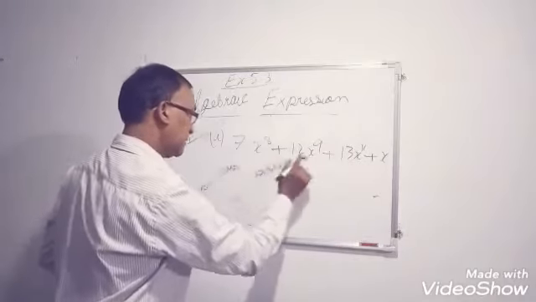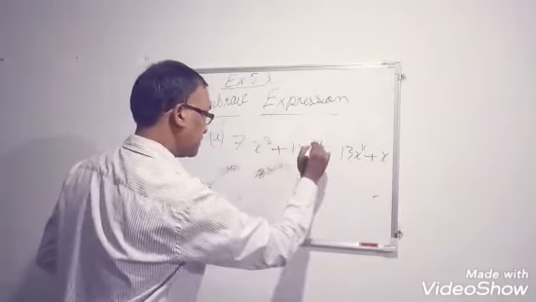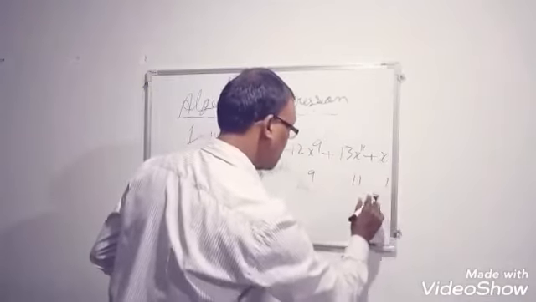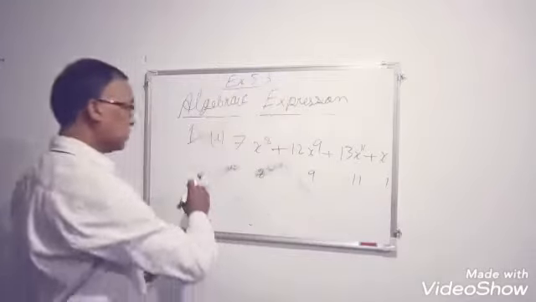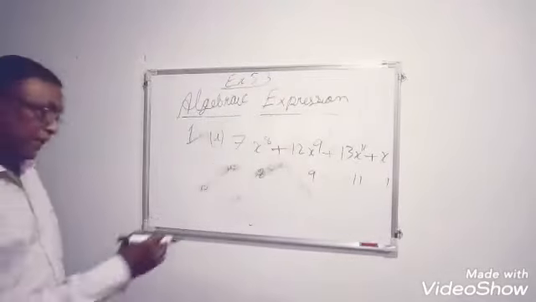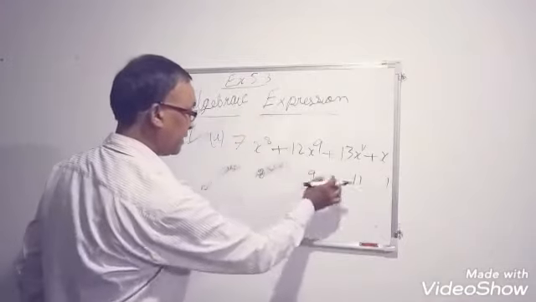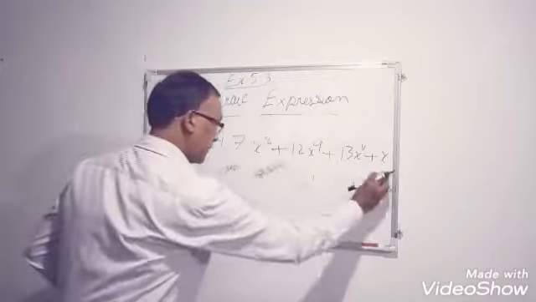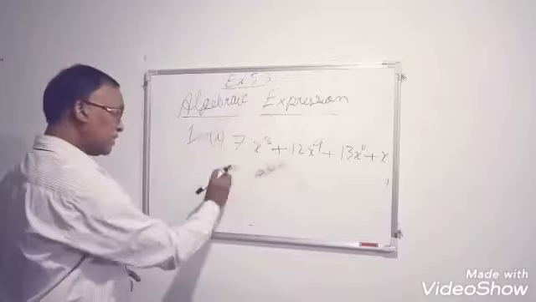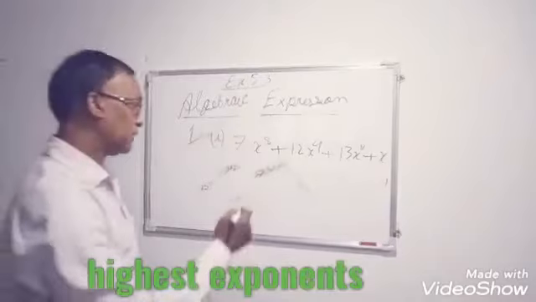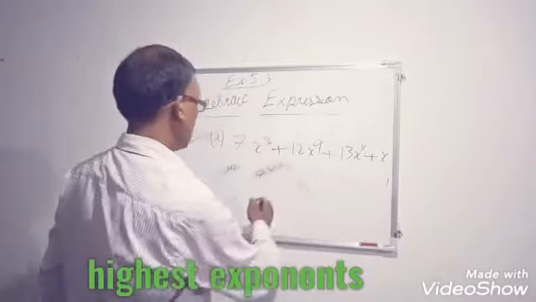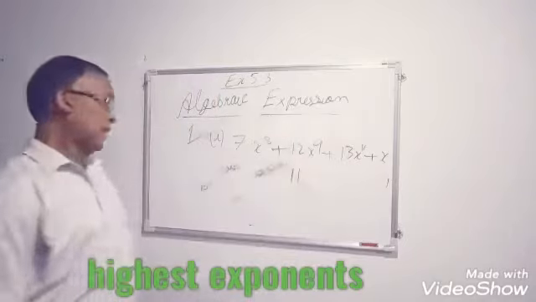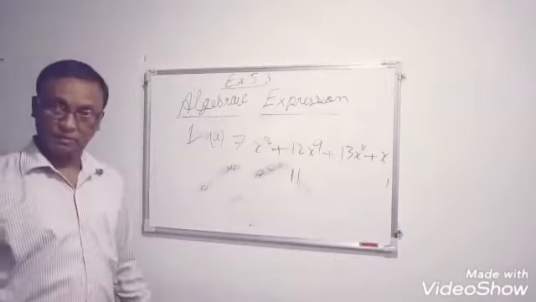First the exponent is 8, here the exponent is 9, here the exponent is 11, here the exponent is 1. So in all these single variable terms, with exponents 8, 9, 11, the highest exponent is 11. So we know the highest exponent will give us the degree of the algebraic expression. The highest exponent is 11. So the degree of this algebraic expression is 11.